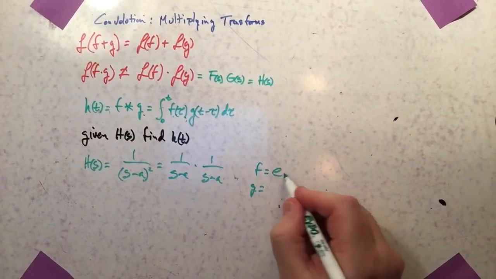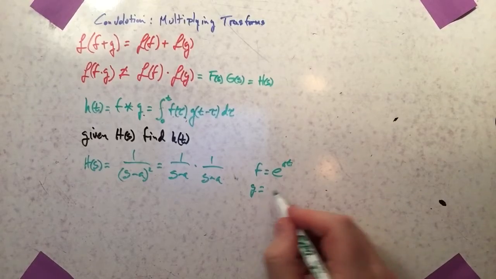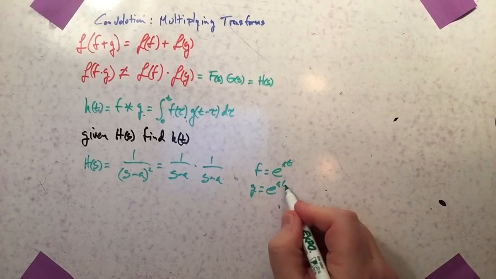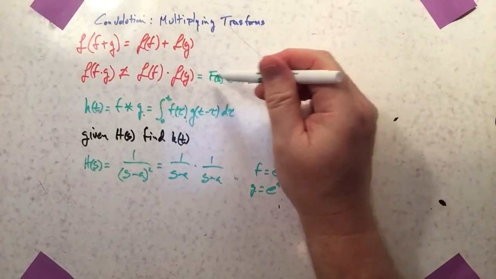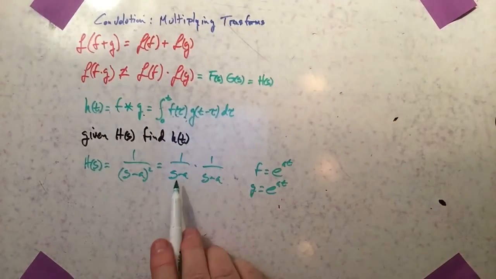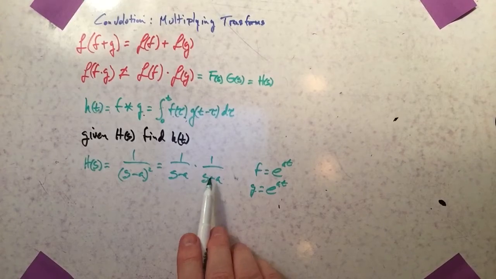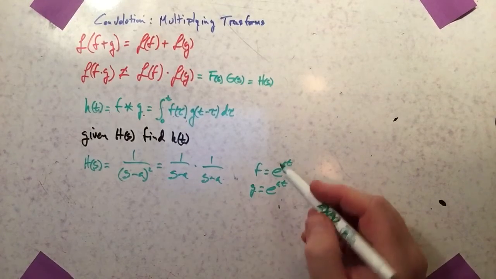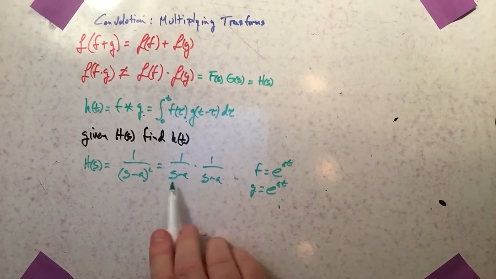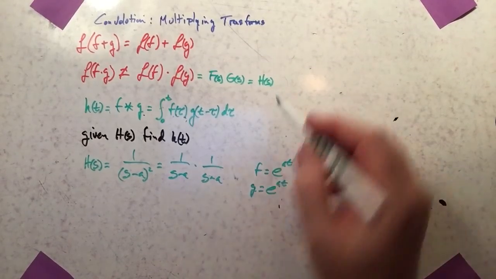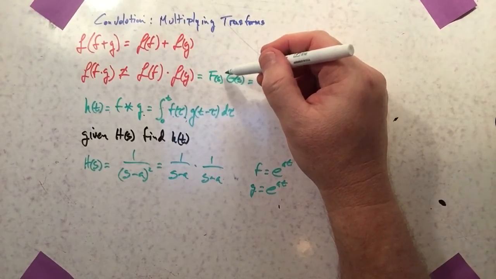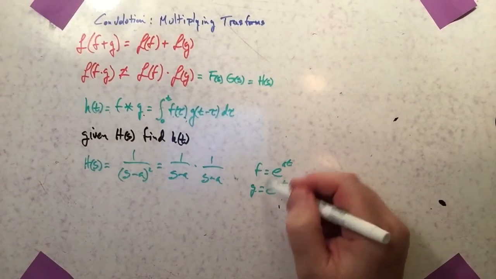Little f is e to the at, and g is e to the at, because the product of F and G is 1 over s minus a and 1 over s minus a. So these are easily recognizable. I can figure out what f and g are because the Laplace transforms are still recognizable.